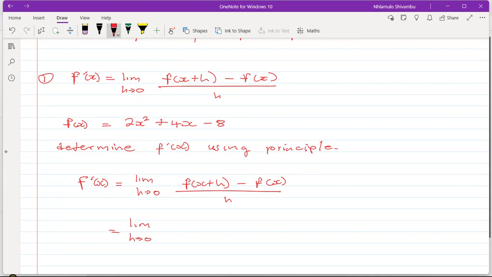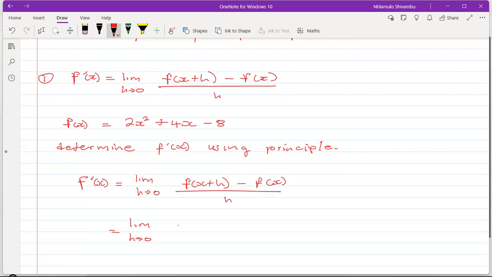Then we need to get f of x plus h. f of x plus h simply means that everywhere where there is x, we're going to substitute with x plus h. So we go to the f of x, and everywhere we see x, we substitute with x plus h.